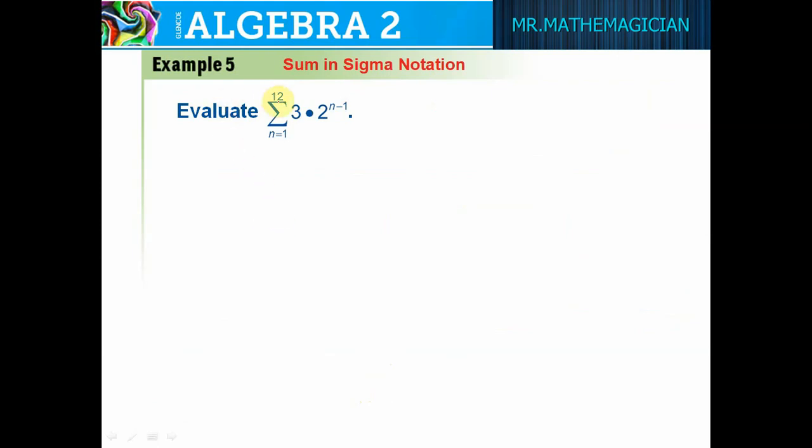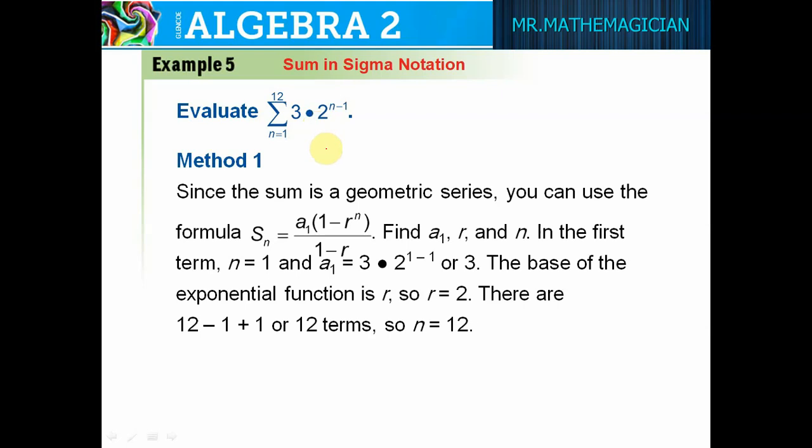Now, evaluate the sum from n equals 1 up to 12, meaning 12 terms, of 3 times 2 to the n minus 1. This sign is very famous. It asks you to find the sum of the sequence, or the sum of terms. Since it is a geometric series, it is very close to the shape A1 times R to the power of n minus 1.